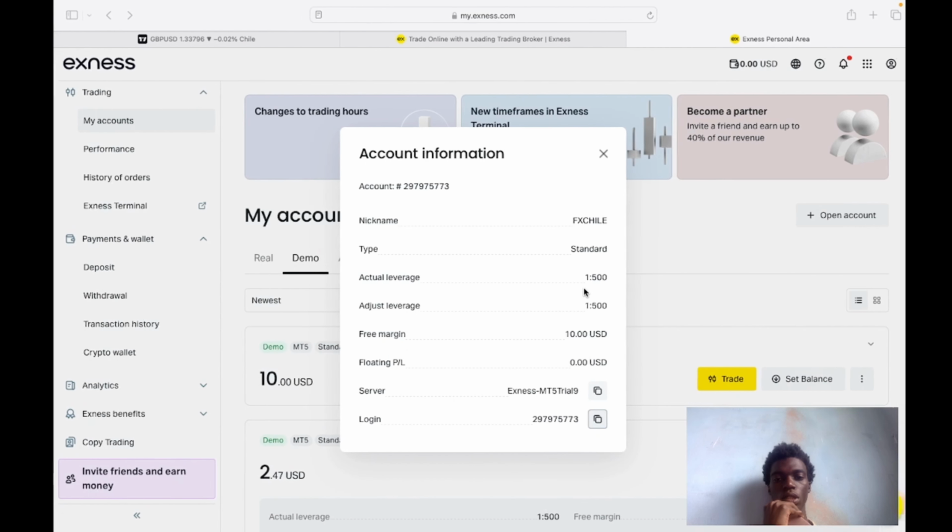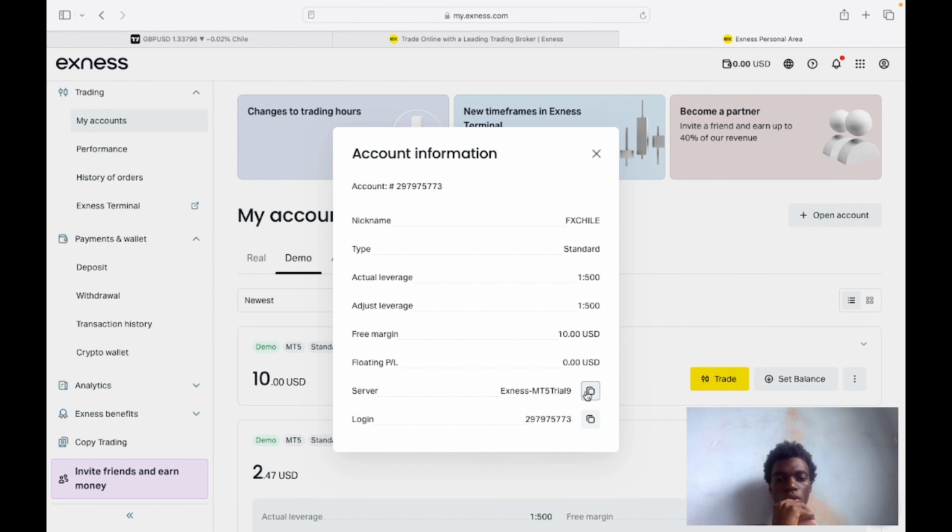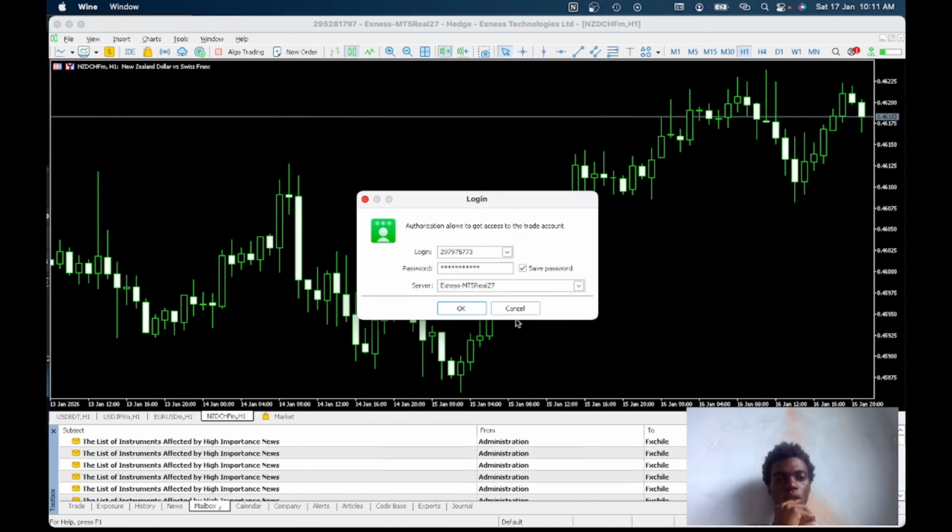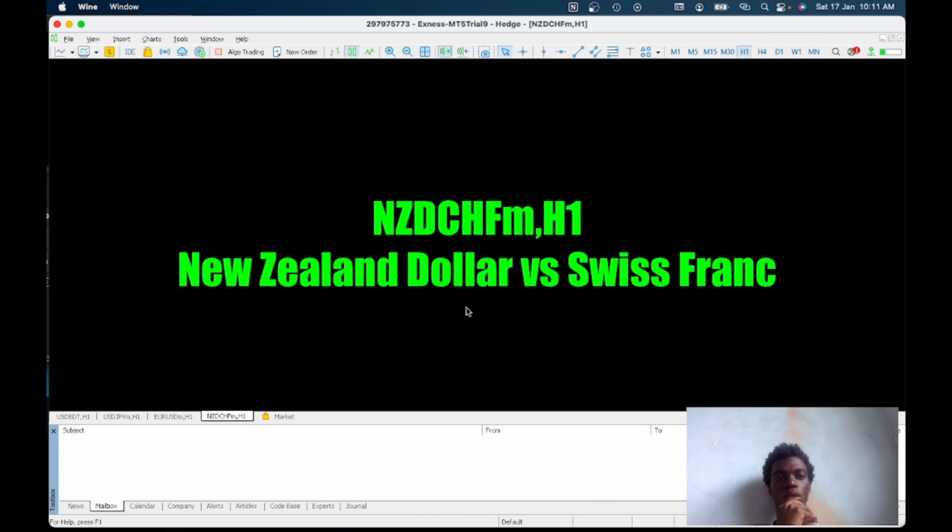And I have to change the server. What's the server? The server is the demo one. Okay, let's load. So wait for it to load.